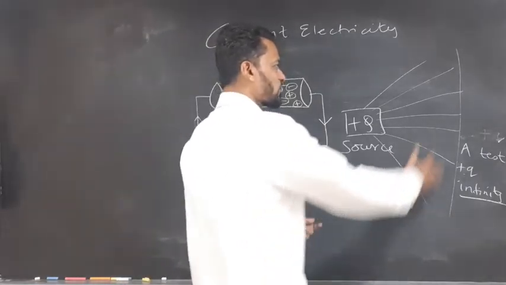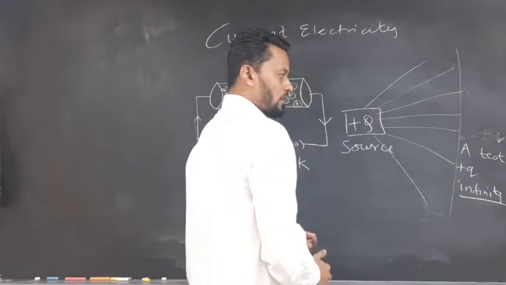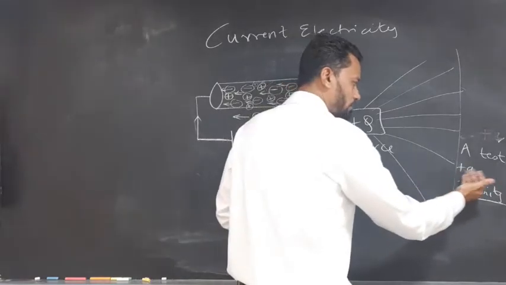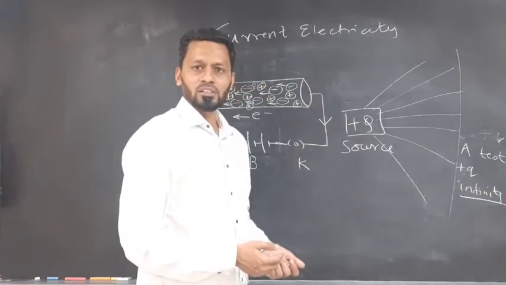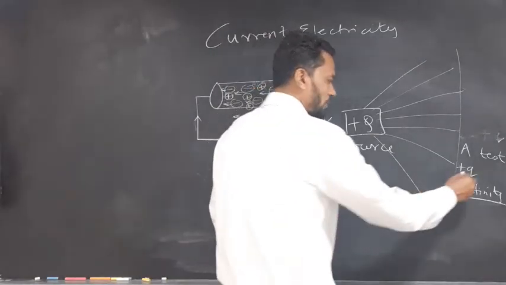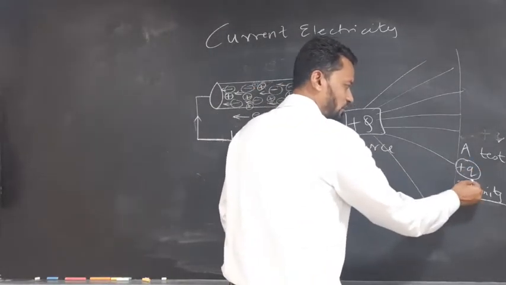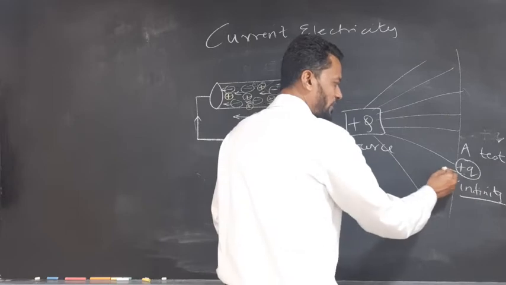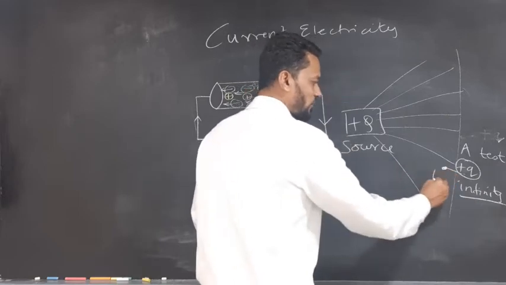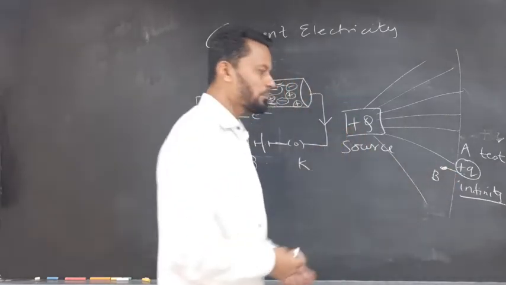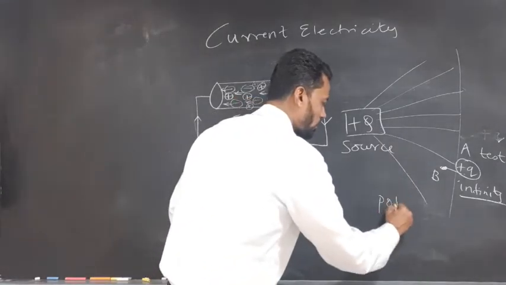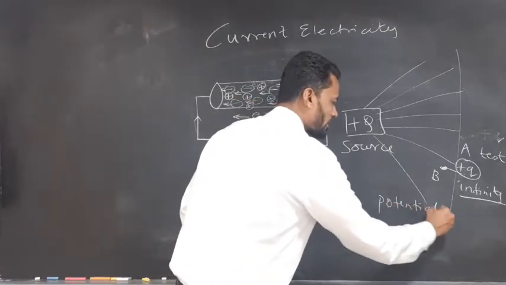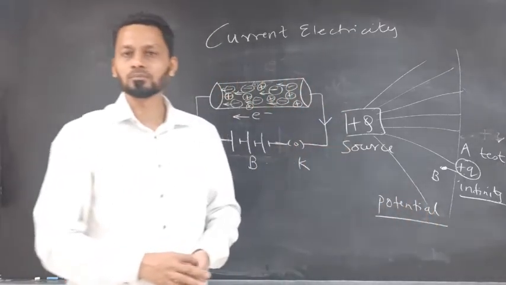Source charge has its field up to some point. Any charge which is beyond its field is actually at infinity. So to bring this particular charge from infinity up to somewhere in the field, let's say point B, work is done, and this work done is called the actual potential.